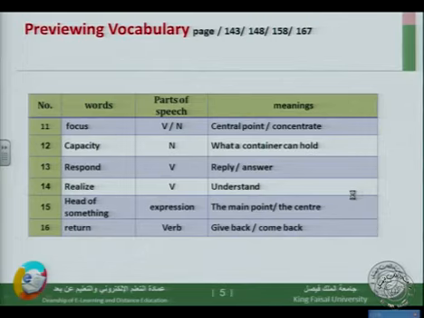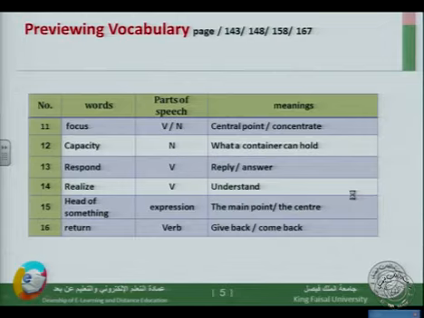Focus means central point or to concentrate, يركز. Capacity, noun, what a container can hold. سعة. Respond, to reply, to respond back, to respond to emails, to reply, to answer. Realize means to understand.